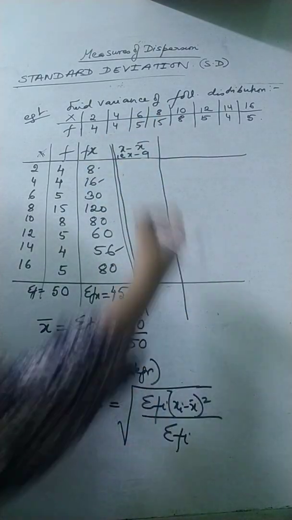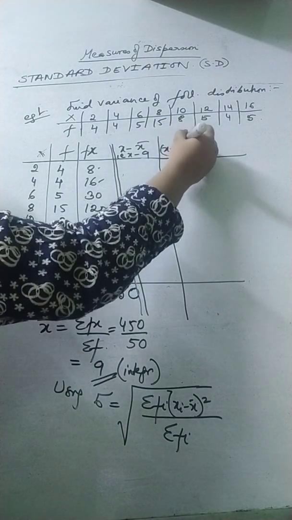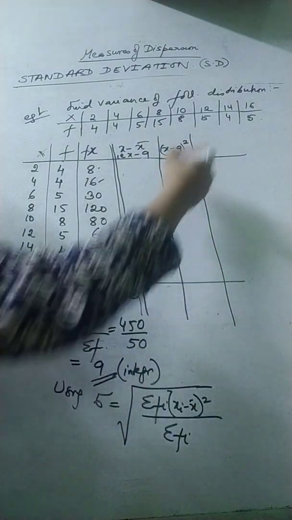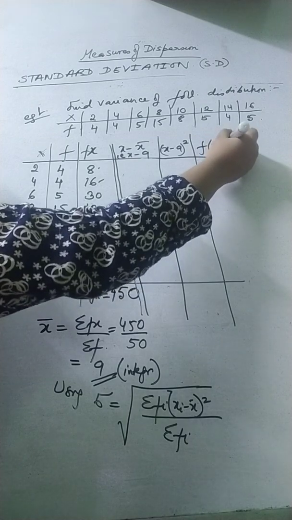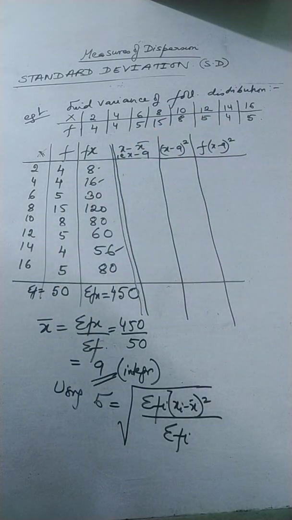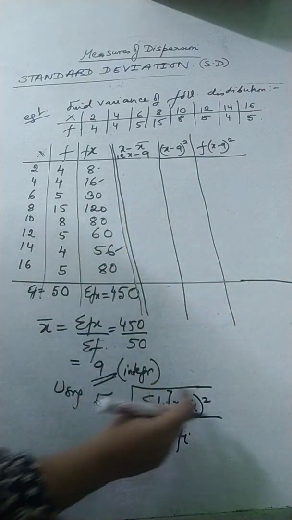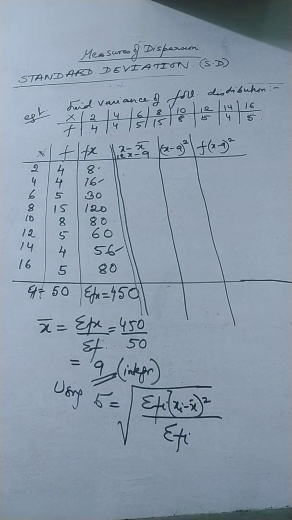We need the square of that, so it's x minus 9 whole square. And we need f into this, so it's f into x minus 9 whole square. These are the remaining columns that are needed. Anything else? No. Summation of this we will get from the last column. So what do we have?